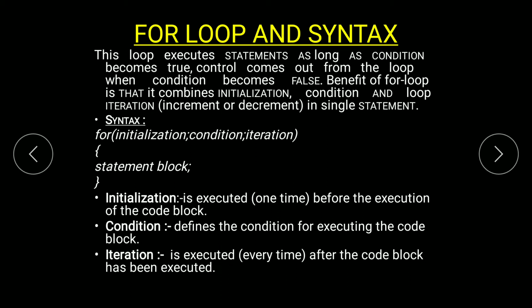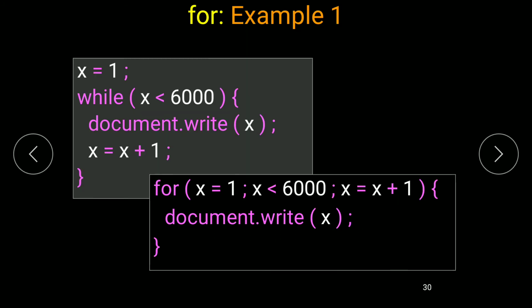And what execution is performed, we will see in our next slide. So you can see the example of the for loop. This one is the for loop example, and this one is the while loop example.